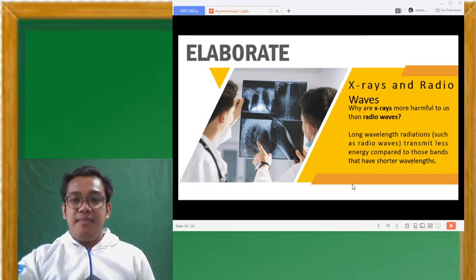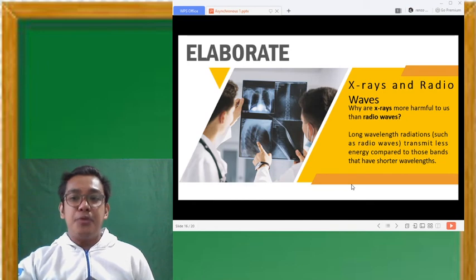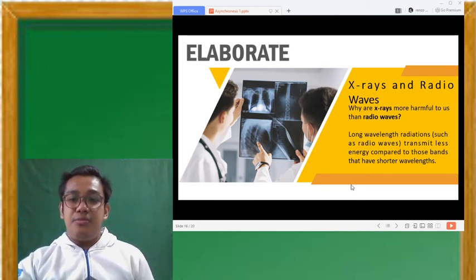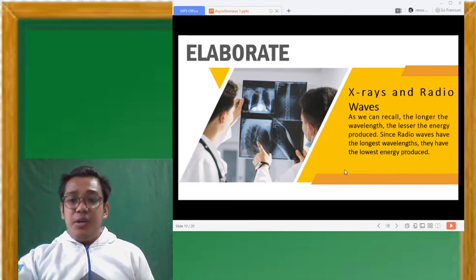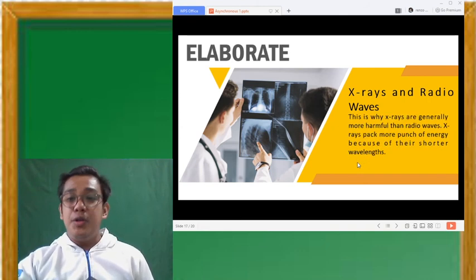Let's elaborate. X-rays and radio waves. Why are X-rays more harmful to us than radio waves? Long-wavelength radiation such as radio waves transmit less energy compared to those bands that have shorter wavelengths. As we can recall, the longer the wavelength, the lesser the energy produced. Since radio waves have the longest wavelength, they have the lowest energy produced.